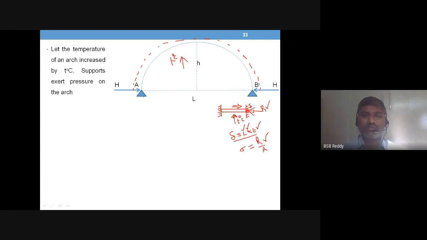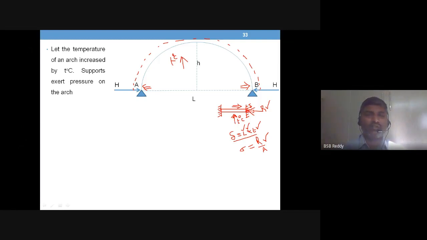Whereas you have support A and support B, which will not allow the arch at A and B to move outward. You see, because of the temperature change, the two points on the arch at supports A and B are trying to move outward. Whereas the supports will try to stop that movement.